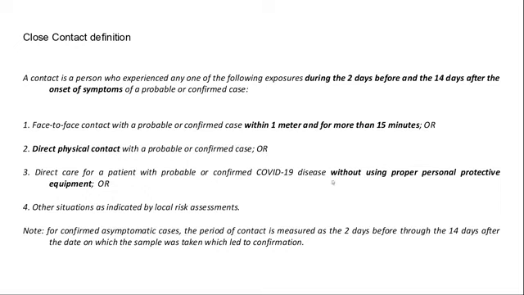If you are in a hospital or in house taking care of the patient without proper personal protective equipment, then you are a close contact. Or if you are face to face with somebody and have spent more than 15 minutes within 1 meter without using proper protection, then you are a close contact. So remember, the take home point is 15 minutes and within 1 meter.